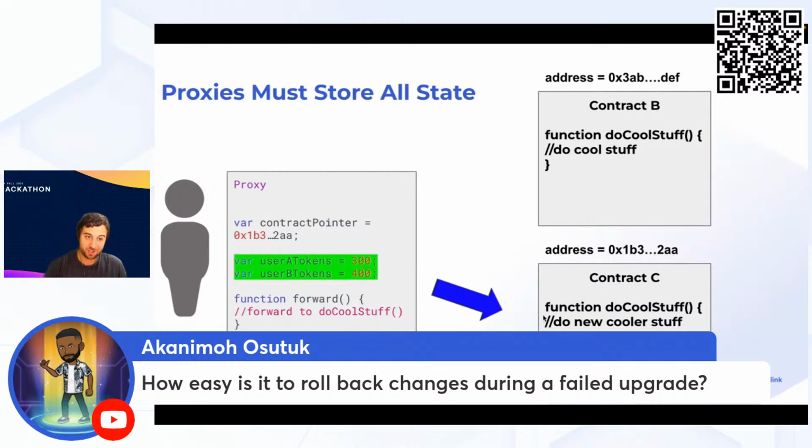But if that new cooler stuff turns out to be not so cool and risky to the users, they'll automatically be exposed. So this is why it's really, really important to get this right up front, make sure everything is set, and every upgrade is reviewed. It's transparent. Your users can see that it's about to happen. The code is thoroughly reviewed and audited. This is all essential.